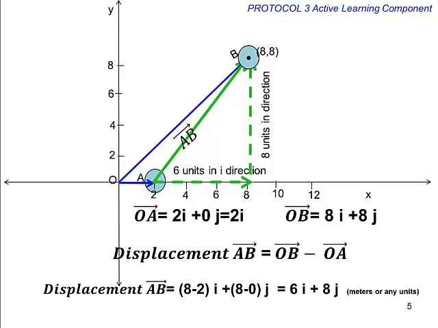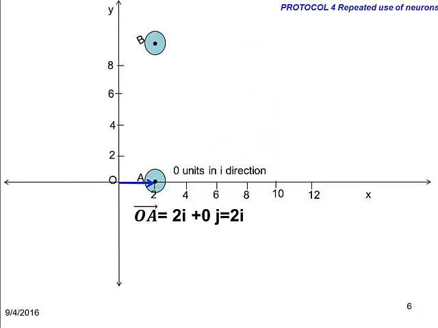Consider another example. A ball is initially at the same location A, (2, 0) on the x-axis. What is its position vector? Its position vector OA is 2i plus 0j, or we say, just 2i. Now imagine you moved this ball 9 meters vertically up from (2, 0) to another location B in the xy plane.